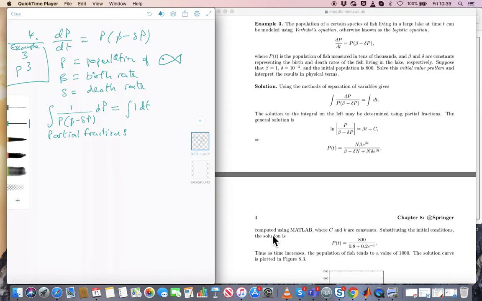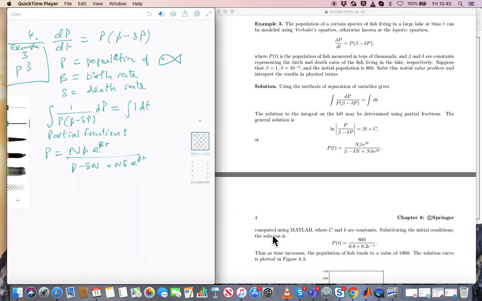The solution is P is equal to n beta e to the beta t, all divided by beta minus delta n, as shown in the notes, plus n delta e to the beta t. So that's the solution when you solve this by integration.